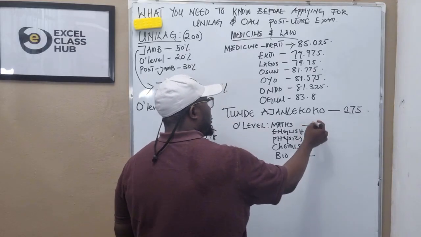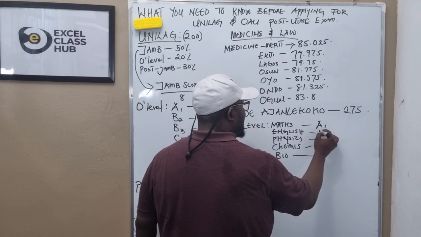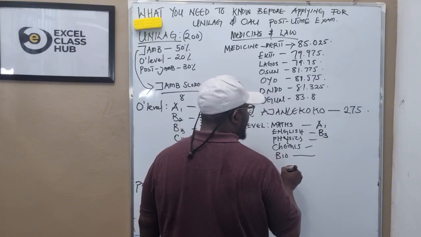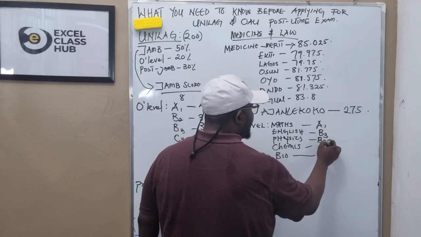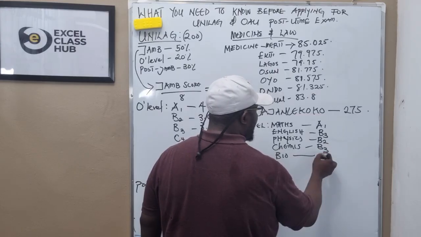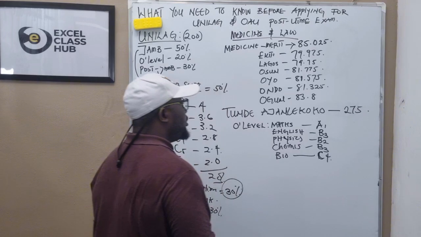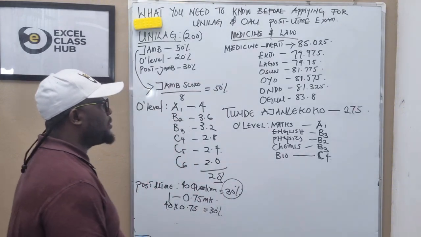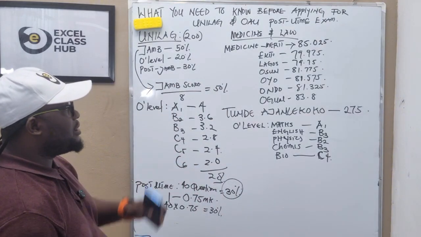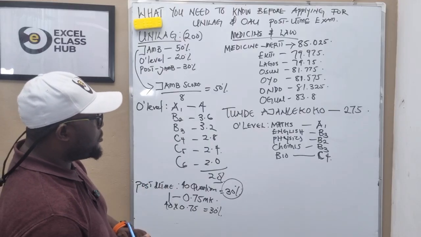Now, he has, let's say, A1 in mathematics, B3 in English, B2 in physics, B2 or B3 in chemistry, and C4 in biology. Get that? And he's here to do post-JAMB.